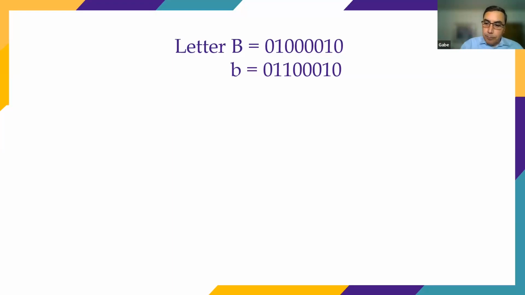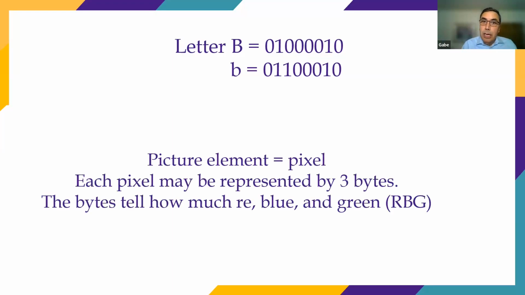Even the picture or the color you see on the screen, in my presentation there's a border that is orange, and there's a purple, a green, and a white. And even your self-reflection on the screen, every single picture element, which is a pixel, the smallest unit of an image, may be represented by 3 bytes.